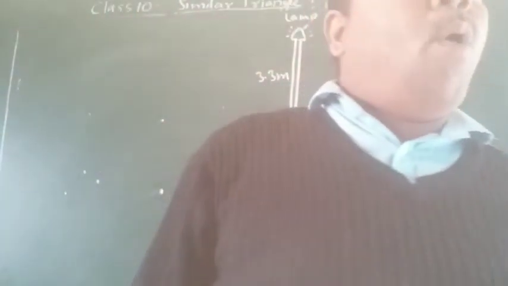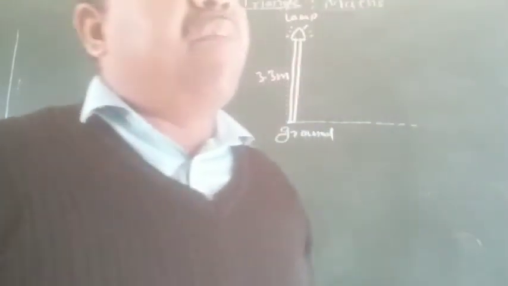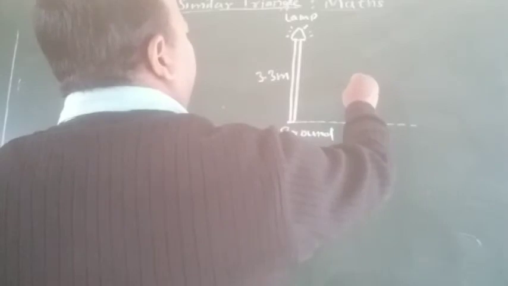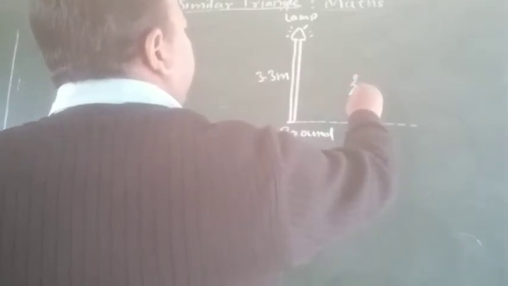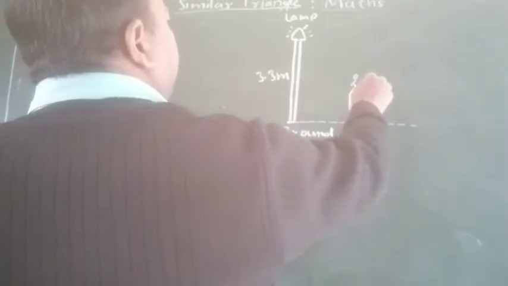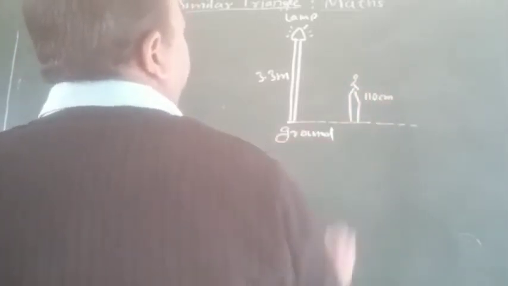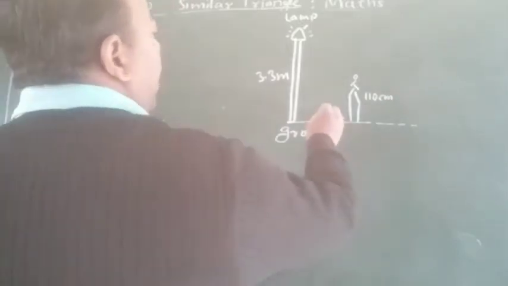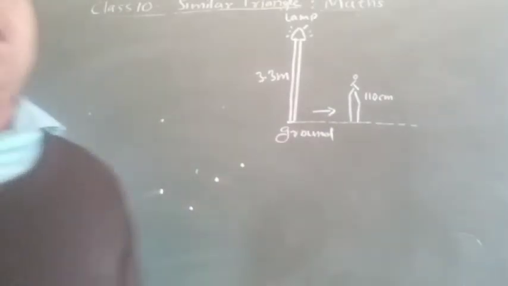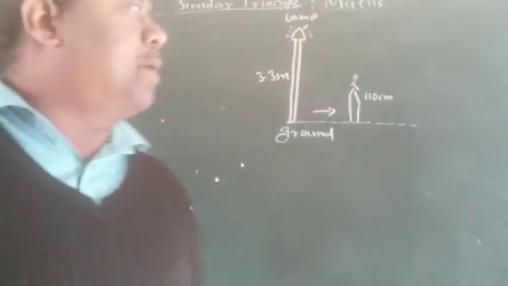Clear? A boy 110 centimeter tall walks away from the base. This is the boy, 110 centimeter length. He is moving away at a speed of 0.8 meter per second.